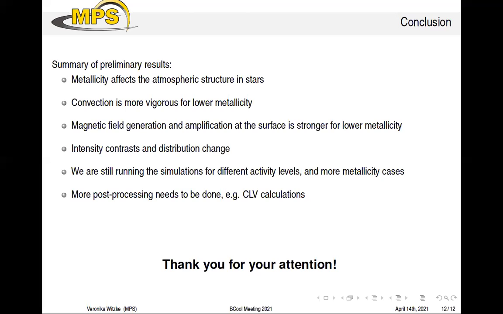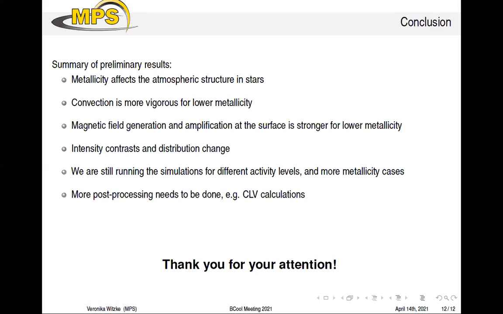And this also shows in the intensity distributions in these stars. The study is not complete yet. We are still running the simulations to get more metallicity cases, to get different activity levels, and we need to further post-process them and also run more accurate radiative transfer calculations with the MPS Atlas to get accurate spectra.